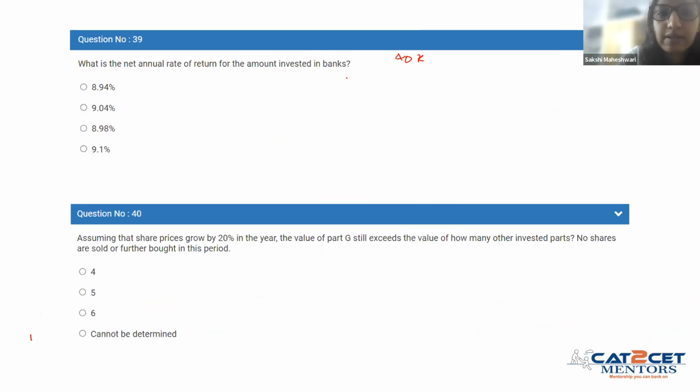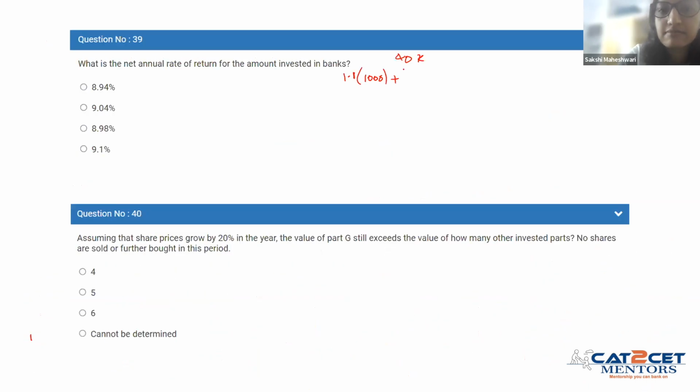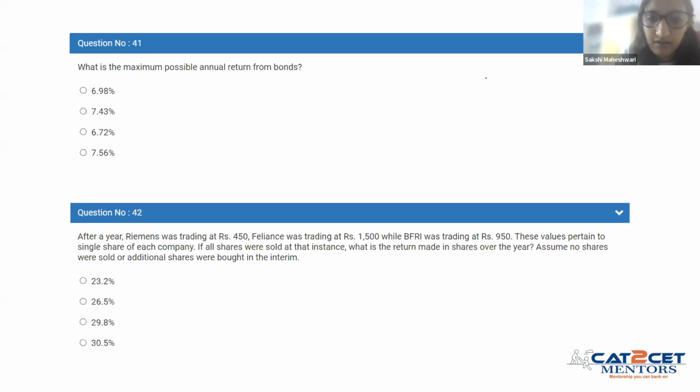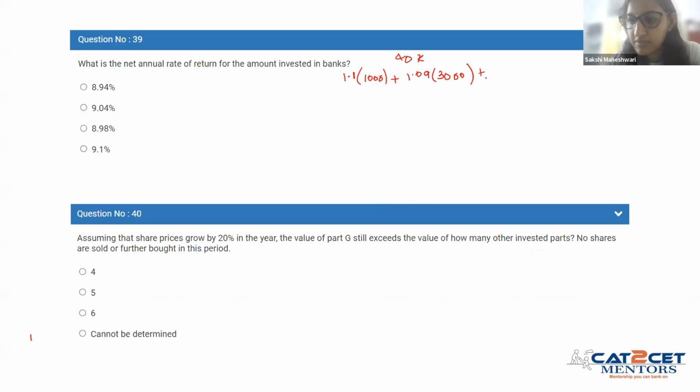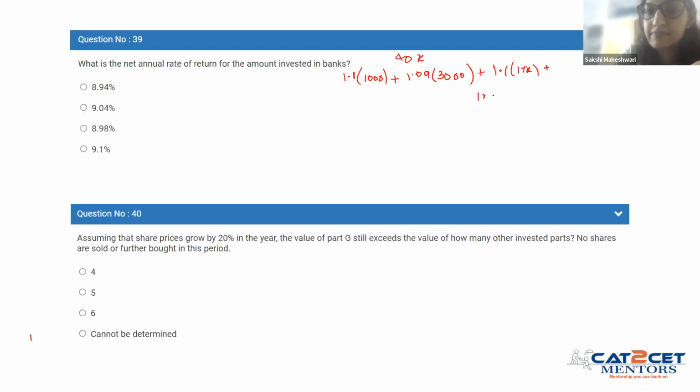So see, total amount will be 1,000 plus. This is 9% on 3,000. Plus. This is 10% on 17K. So 1.1 on 17K. And here is 8% on 19K.